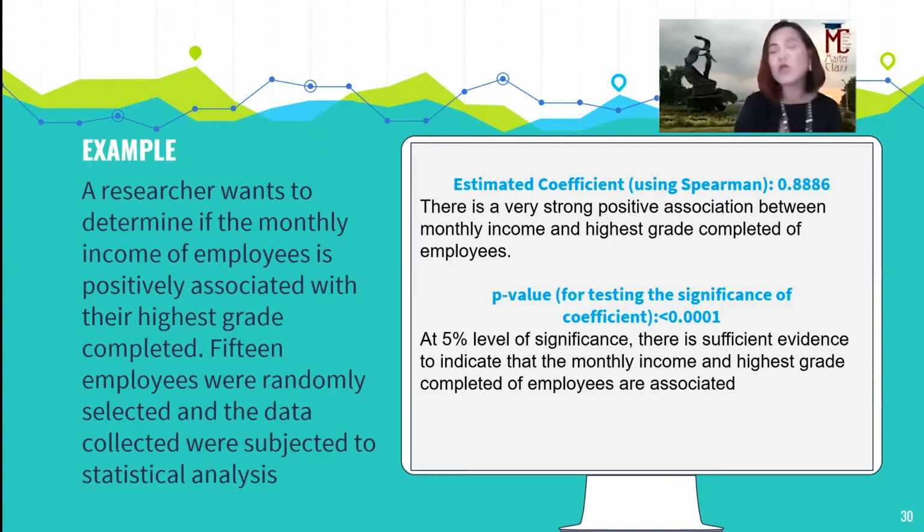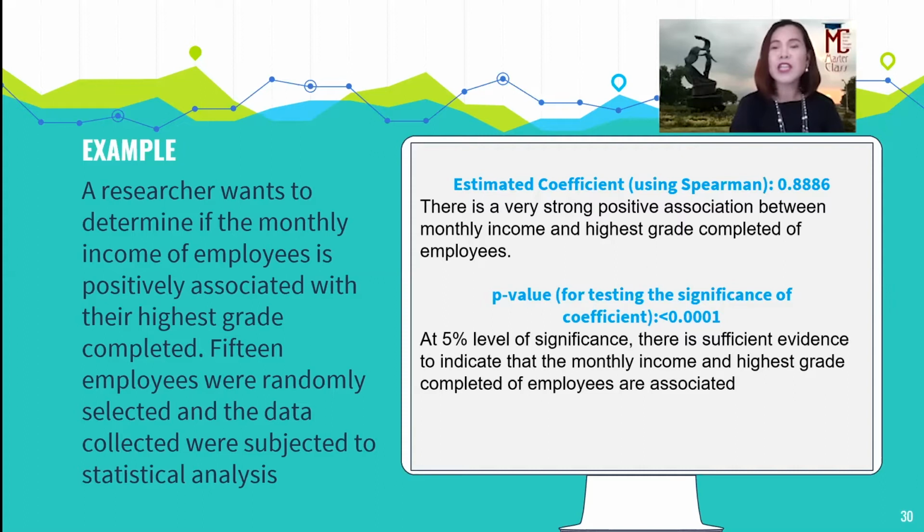If at least one of your variables is ordinal and you have a very small sample size, you cannot use Pearson even if one of the variables is quantitative. The requirement of Pearson is that both must be quantitative variables with no outliers. In this example, one of our variables is qualitative at the ordinal level, so the most appropriate measure to determine the degree of association is the Spearman.